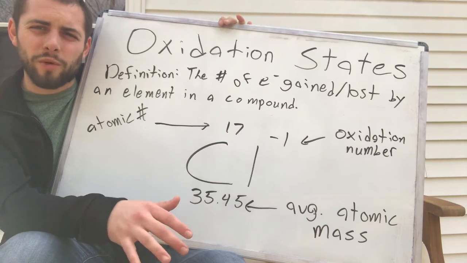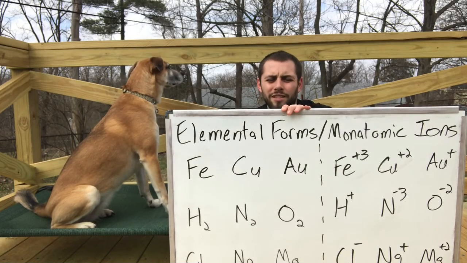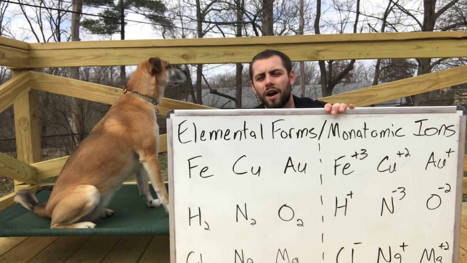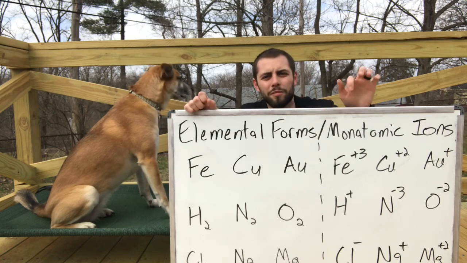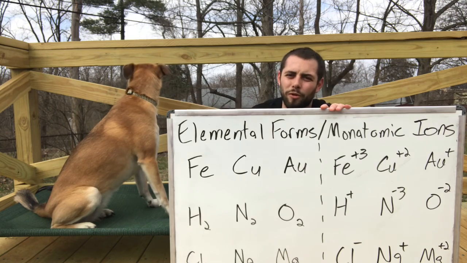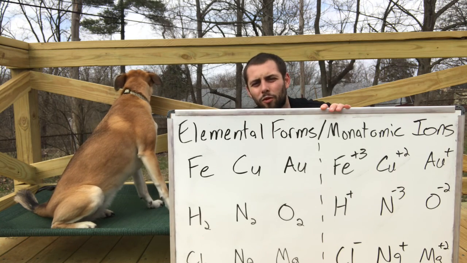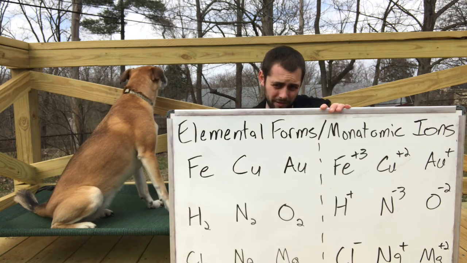So let's work on solving a few of these. As always, we'll start with some easier examples and build our way up. The easiest things to tell our oxidation states for are going to be the elemental forms and the monatomic ions. Let's start by talking about the elemental forms. The elemental form of an element is the state that it's naturally found in.